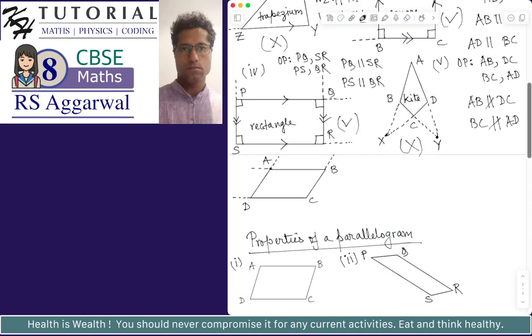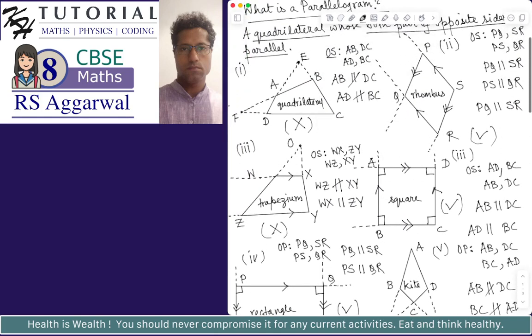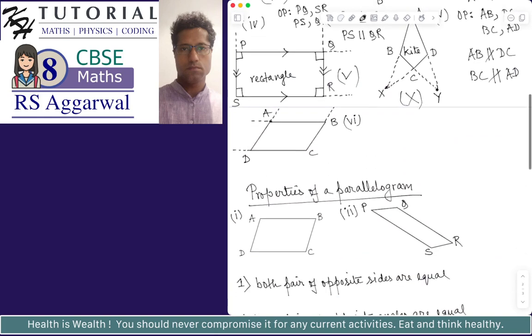Okay, let's see the final figure, that is figure 6. This figure is quite similar to figure number 2 that I discussed. One pair of opposite sides is AB and DC.